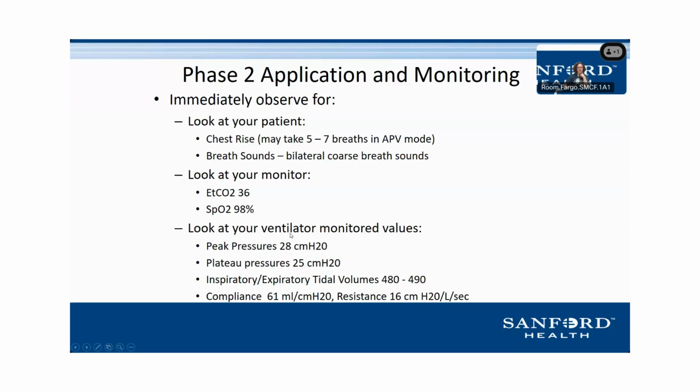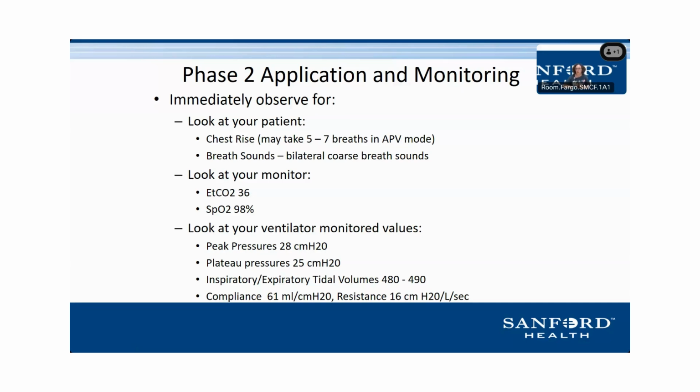So we look over to our ventilator, and if you're using a really basic ventilator, you might not get all this feedback from the machine, but our ventilator is telling us that we're using a peak pressure of 28 to get tidal volumes that are just shy of the 500 that we're targeting. But the ventilator in our situation is going to call that good enough. It's going to probably stay at that consistent pressure of 28 as long as the tidal volumes stay right around 480, 490.